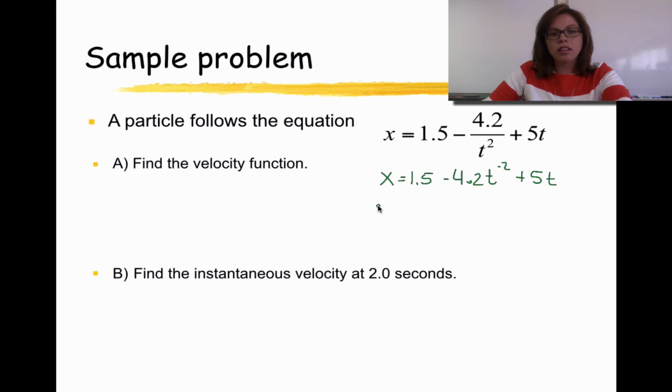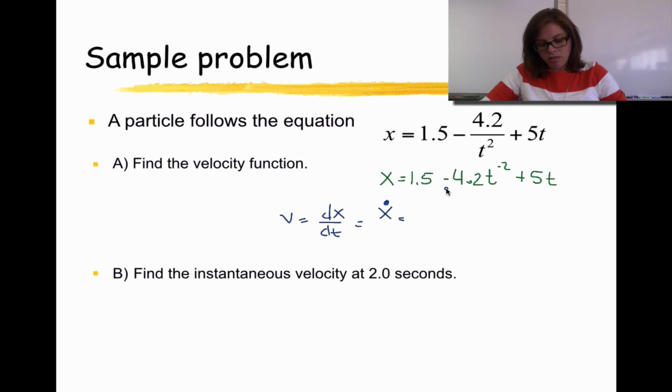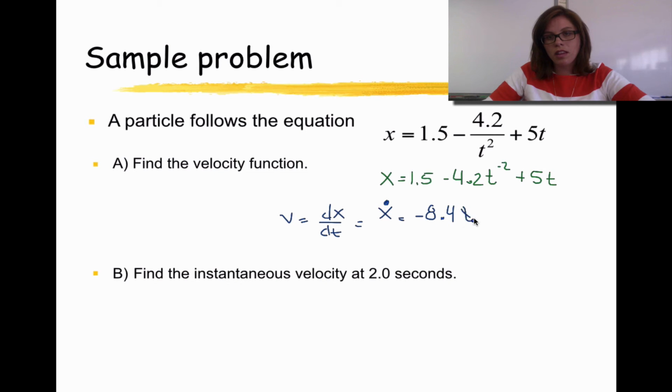So then the derivative of x with respect to time, dx/dt, which is x dot, which is equal to the velocity, is equal to, bring down the negative 2, so negative 8.4 times t, and you subtract 1 from that exponent, so it becomes t to the negative 3, plus 5.